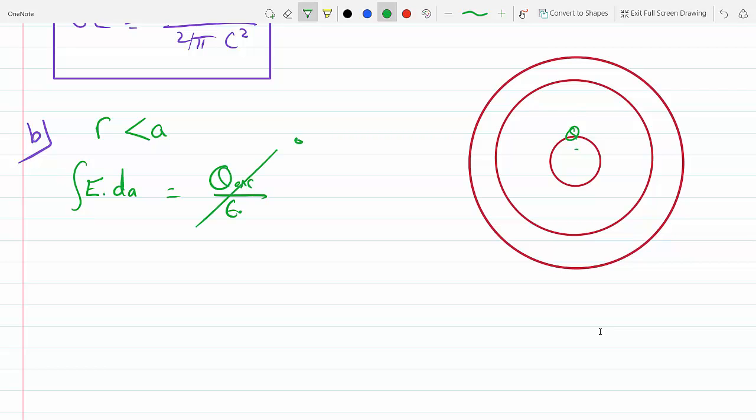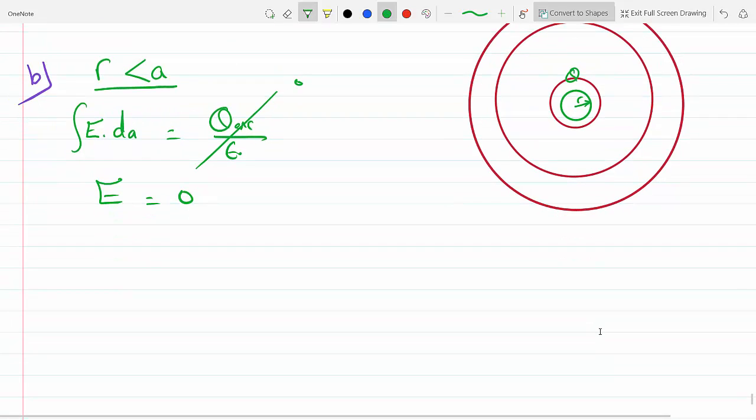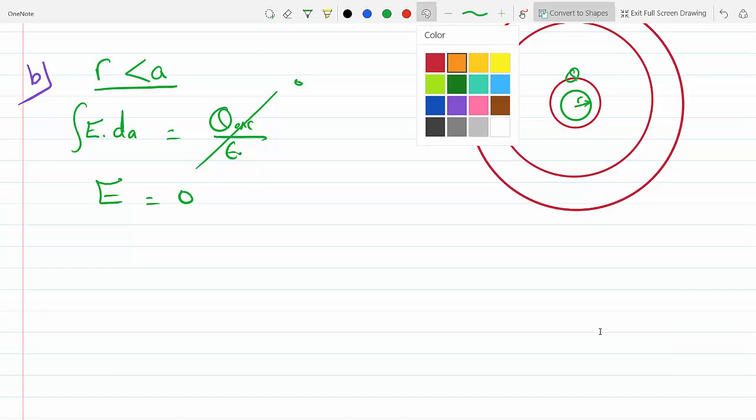As Q enclosed is 0, this tells me that for R less than A, E equals 0 on the inside. Considering a Gaussian surface here at radius R.